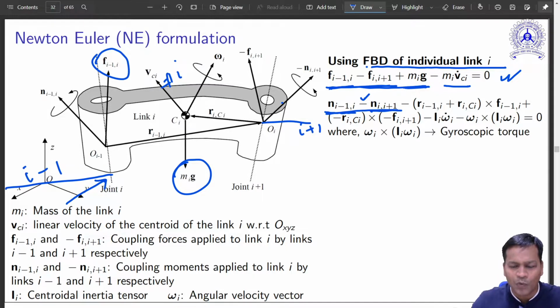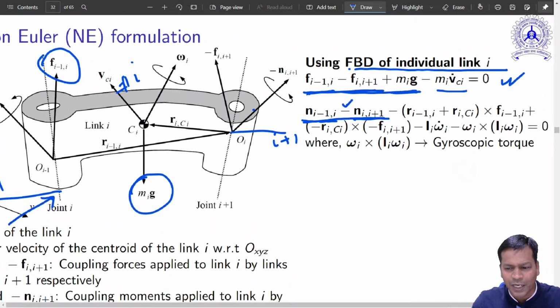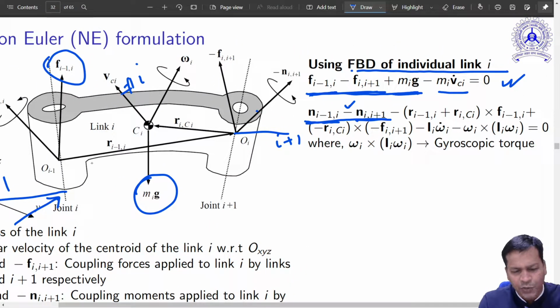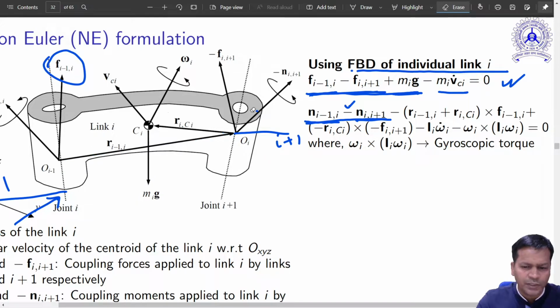Okay, so now what are the moments which are coming here due to internal forces? See, you have two vectors, two are easily known if you know the geometry of the system. And if you know, you can do the forward kinematics of this, so very well you know this vector, this vector. Let me wipe off a bit now so that things become very clear.